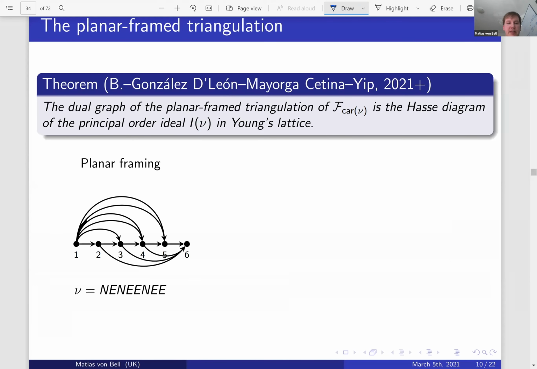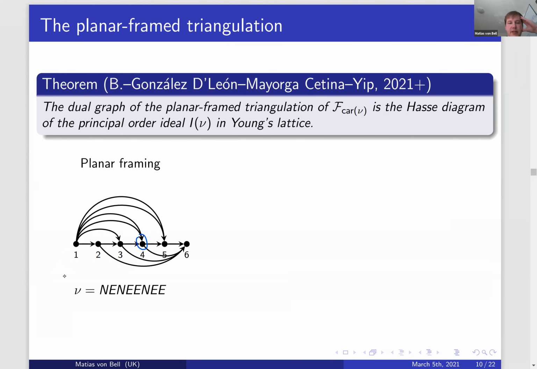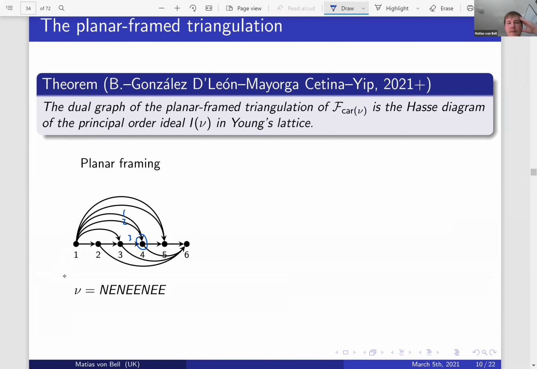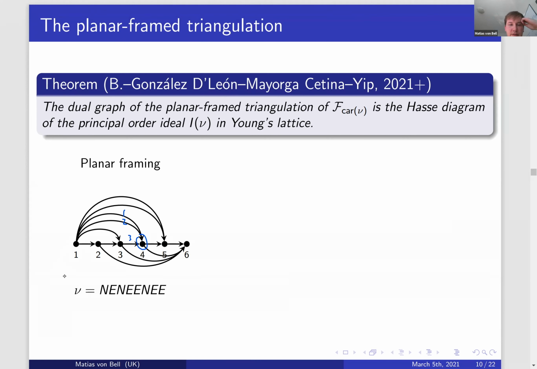So I should tell you what the planar framing is real quick here. At a vertex, if I have this planar embedding of this graph nu, then I label the vertices from top to bottom in increasing order. That gives me a framing that's induced by this planar drawing. I make sure to draw this so that the horizontal path is, say, on the x-axis.